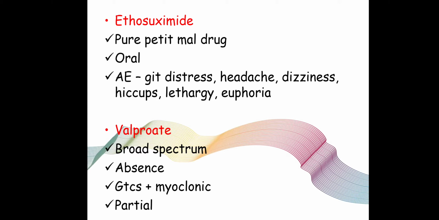Adverse effects are common ones. Usually it is a safer drug, it doesn't cause serious side effects like phenytoin and phenobarbital, plus it is also safe in pregnancy, right? So in absence seizure you can safely give ethosuximide to a pregnant woman also.